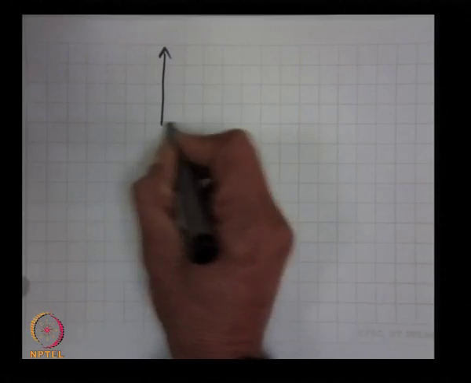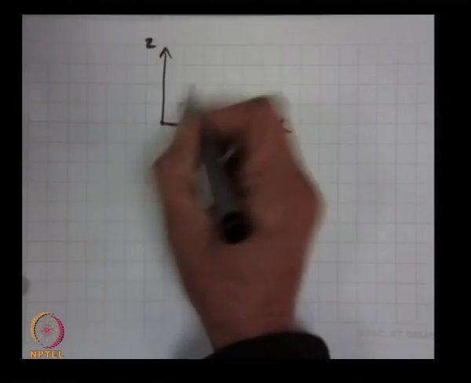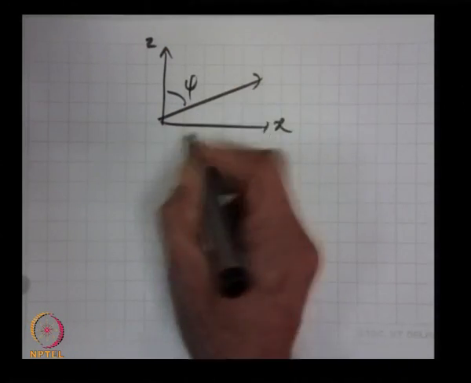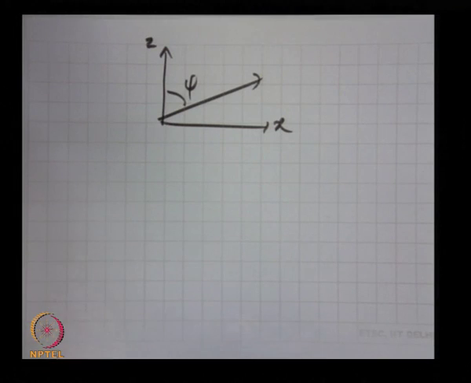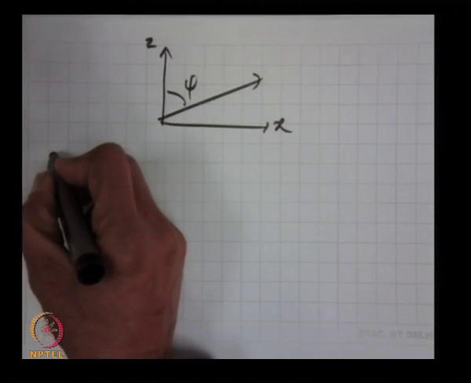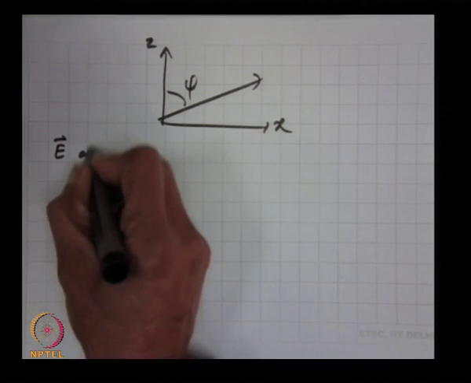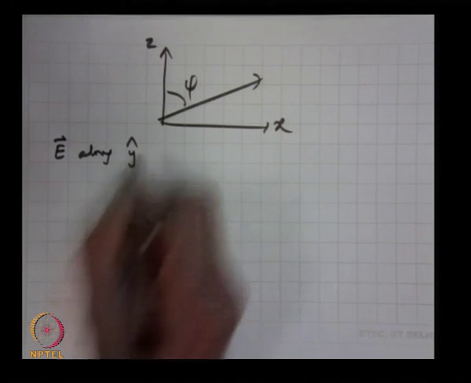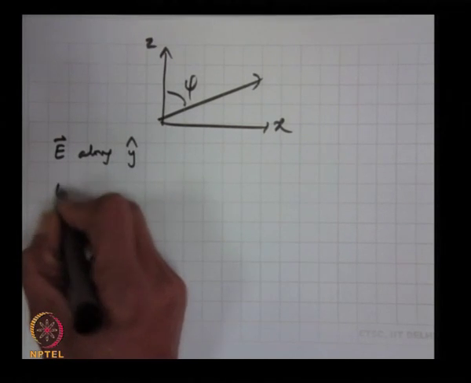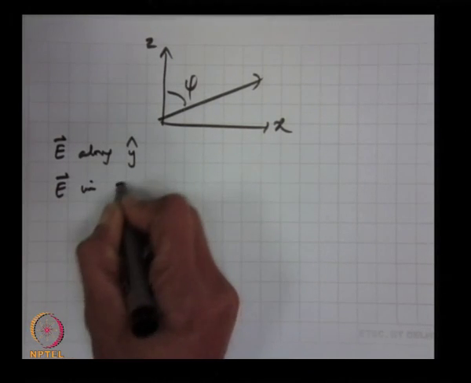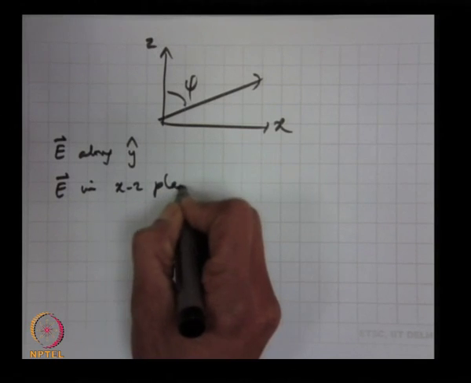So essentially the problem is I have x and z, so it's some propagation direction. If you propagate in the x-z plane, remember I had done in the class, one polarization is E along the y direction and the other one is E in the x-z plane.